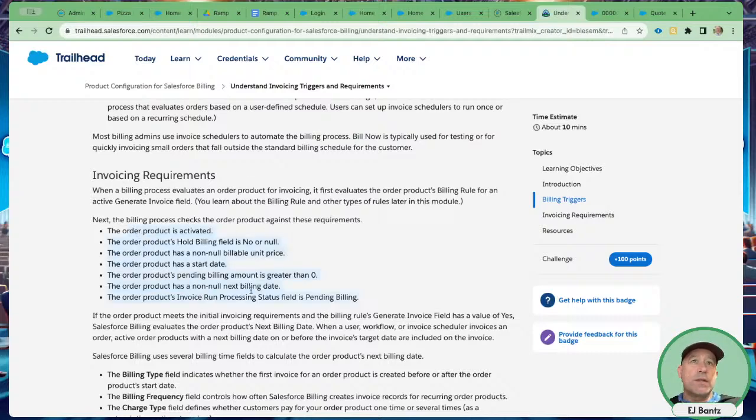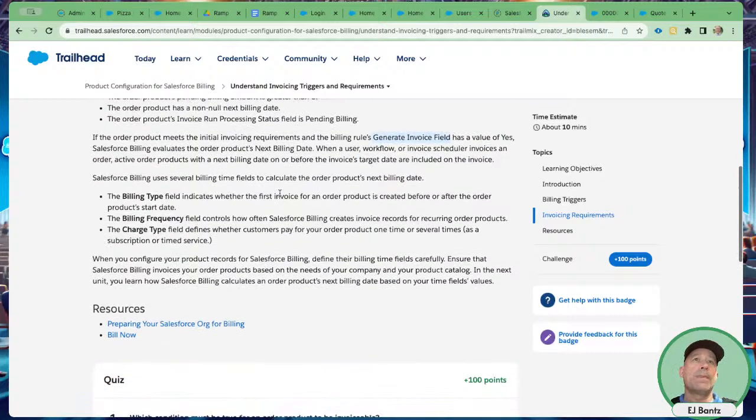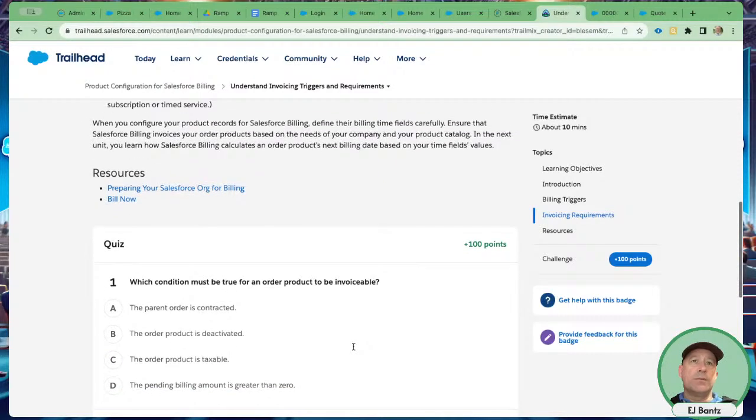So it checks these things. If it meets the requirements for the general invoicing field, set to yes. Evaluates the order product's next billing date. Which conditions must be true in order for product to be invoiceable?